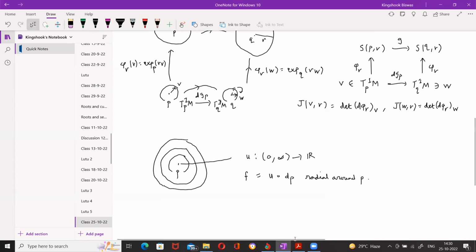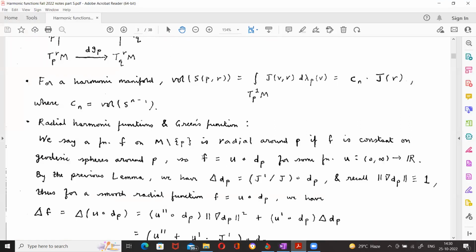Now, we have f equal to u composed with d_P for some function u. We proved a change of variables formula for a composition of functions, and we also know the Laplacian of the distance function. It was ∂J/∂r divided by J, but here J is just a function of r, so the Laplacian of the distance function will be J'/J composed with the distance function. Is this clear?